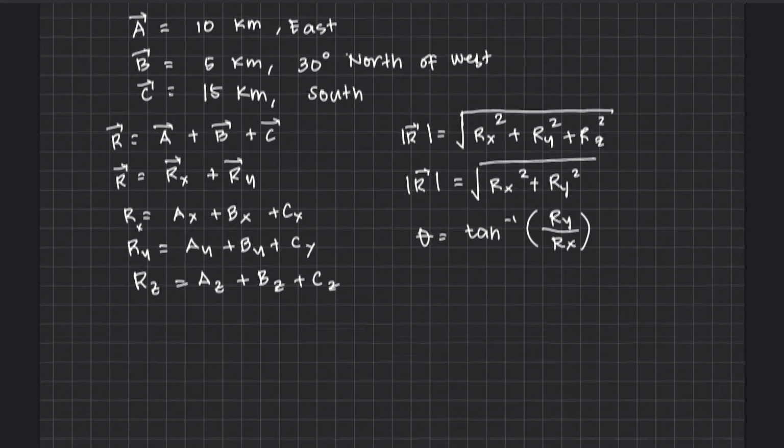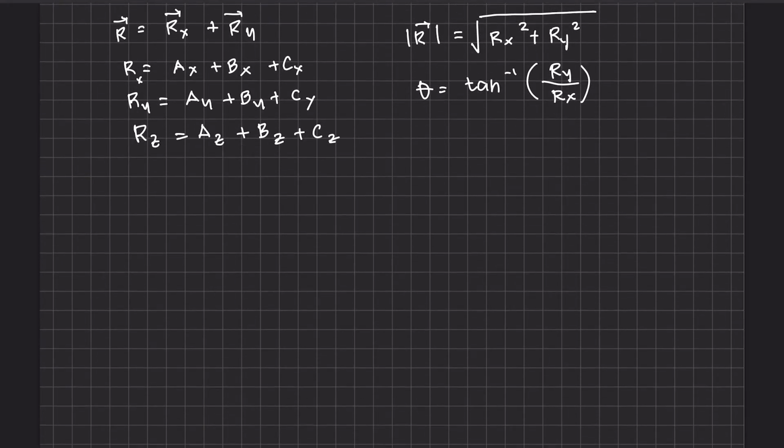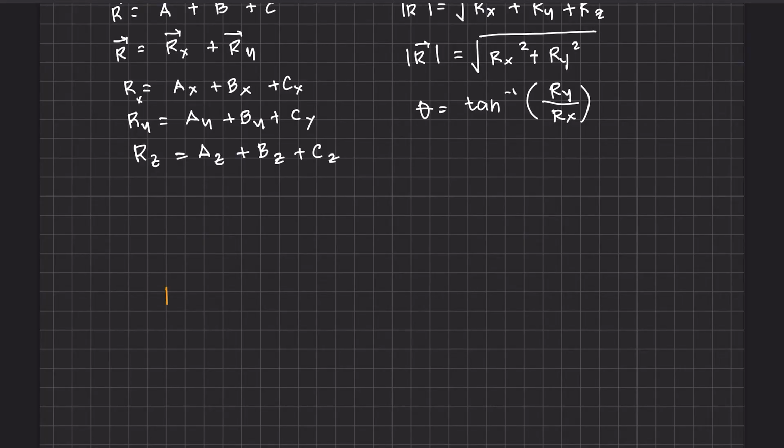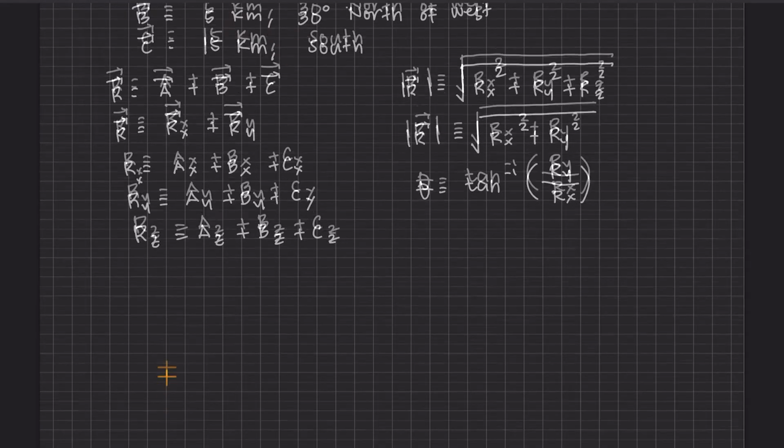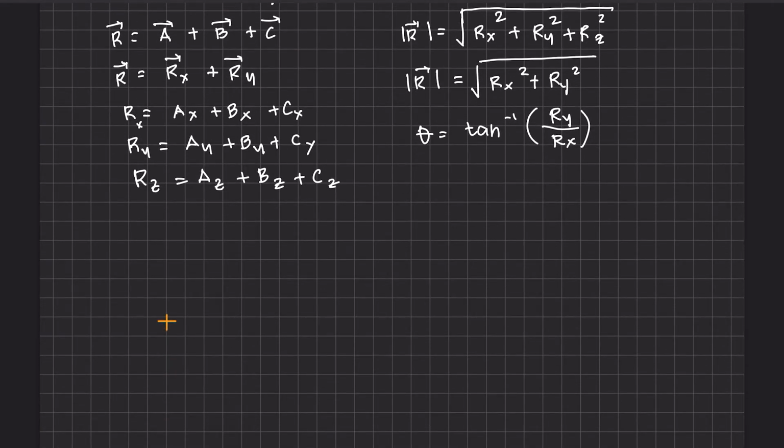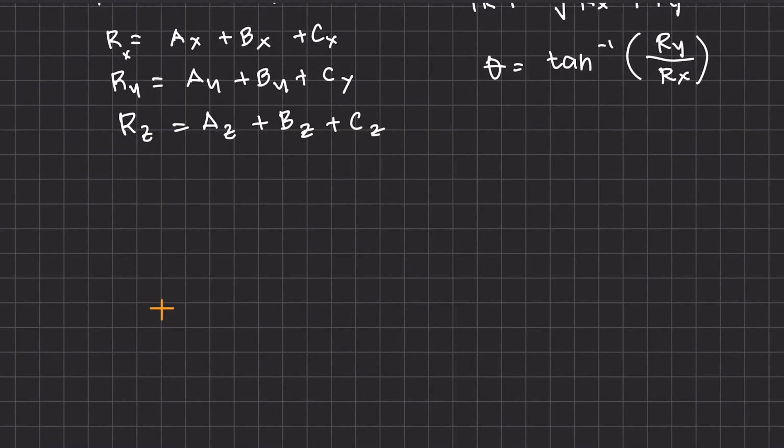What's the first one? Going east. And then 10 kilometers. This is not a graphical method wherein you have to be very exact and precise. Let's say that's my 10.